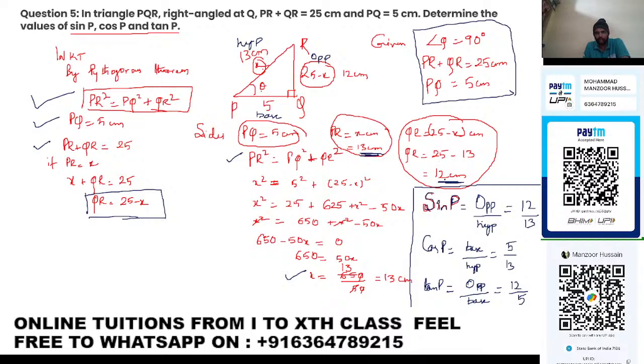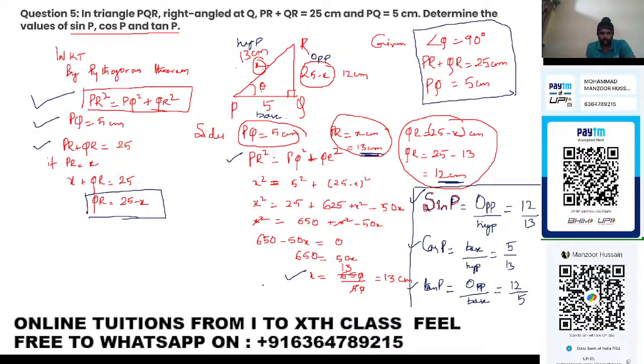As PR and QR are found, these are considered as the opposite side length, base side length and hypotenuse side length, because we need to calculate the value of the trigonometric ratios sine, cos and tan.